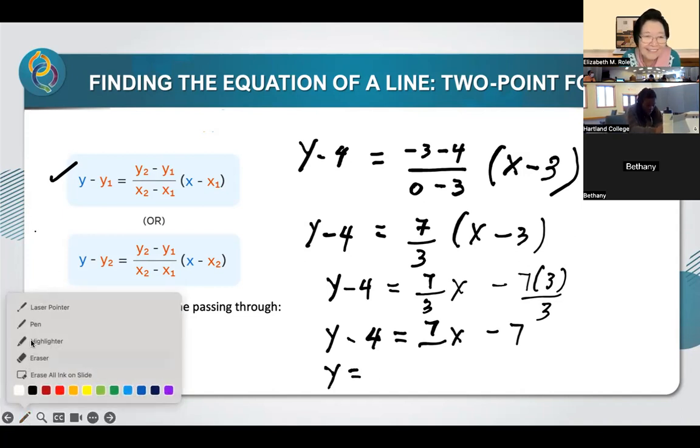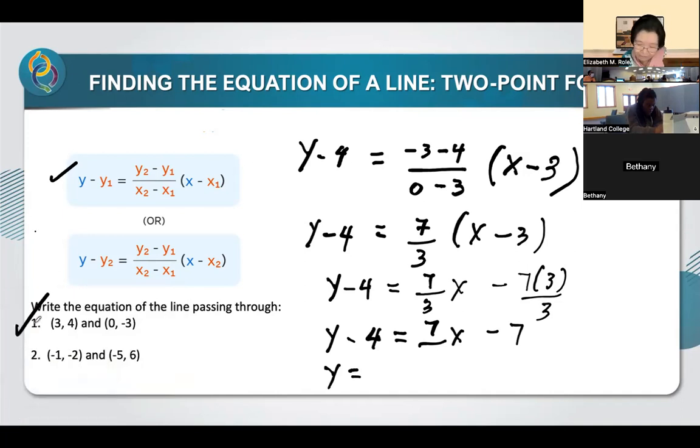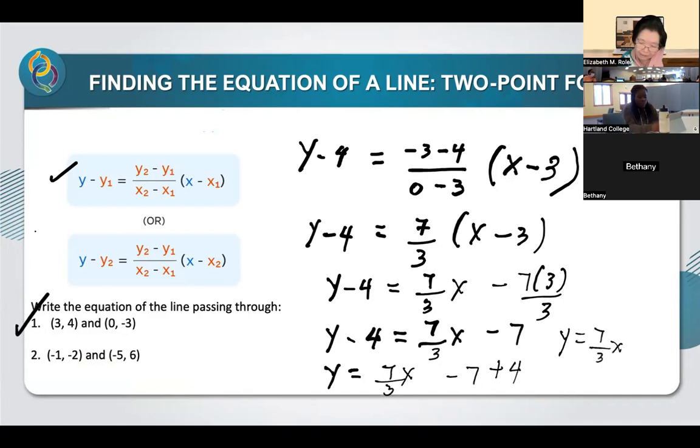So 7 over 3x, this one is 7. So you now say y equals 7 over 3x minus 7 plus 4, right? That gives you y is equal to 7 over 3x minus 3. So that will now be the equation of our line that passes through (3, 4) and (0, -3).